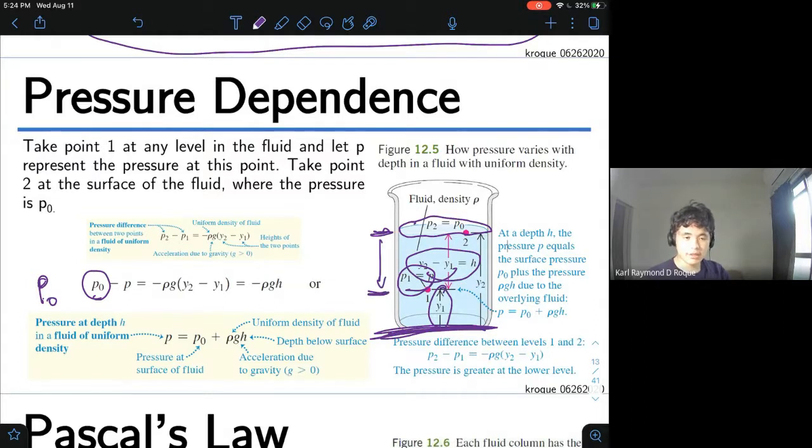I hope you understand. Before I continue, naintindihan ba yung ginawa ko? Pag-isig, okay ba? Anyway, ito yung important. The formula. Don't mind about the calculus I did. So yes, ito no. Ito siya.